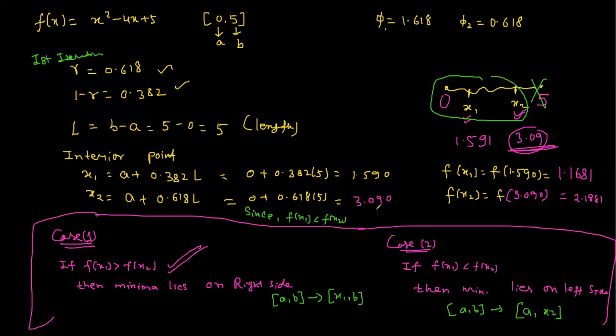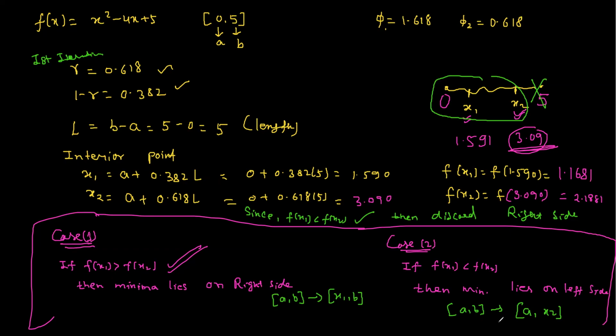Yes. Since f(x1) is less than f(x2), then discard the right side. Right side means what? You need not take x2 to 5. Then what will you take? 0. Yes, 0 to x2.